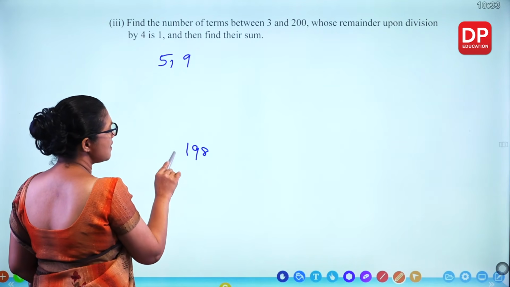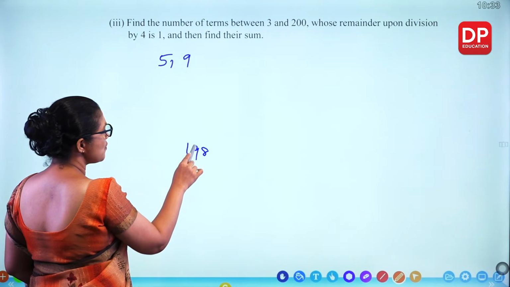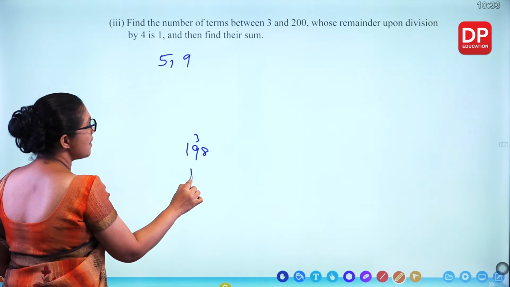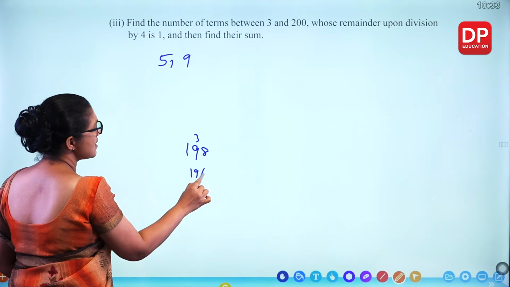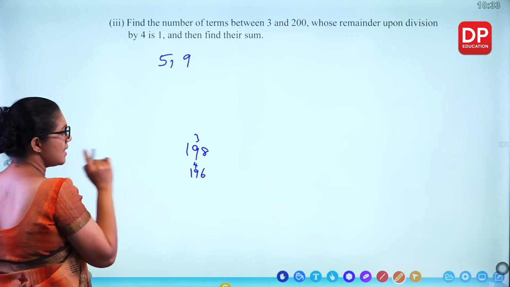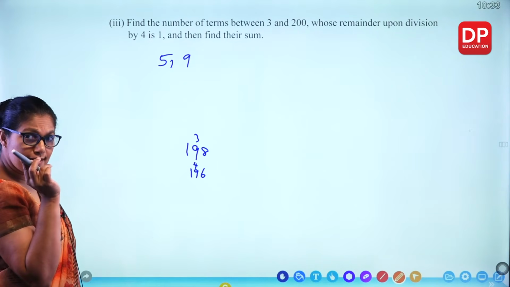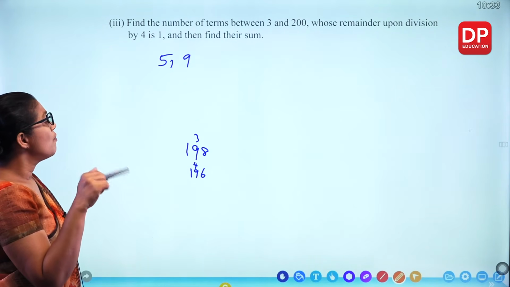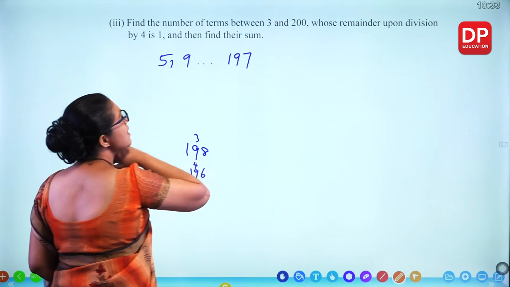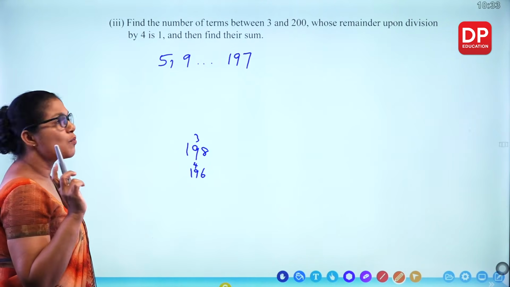We'll check whether it's divisible. 4 times 4 is 16. It's not divisible. 196. 4 times 49 is 196. Yeah, 196 is divisible. So what's the next number? The last number is 197, because the remainder is 1.